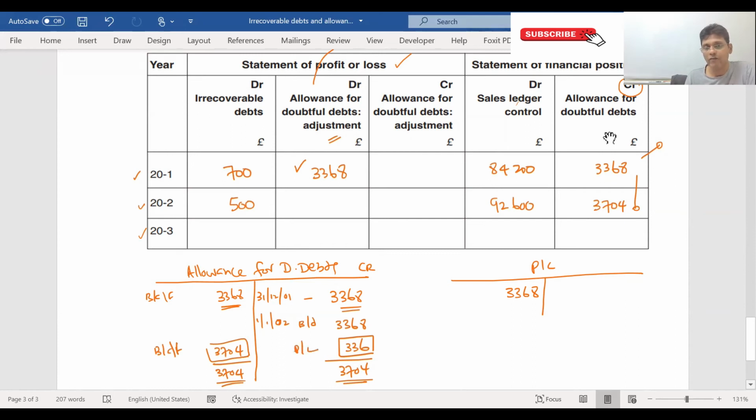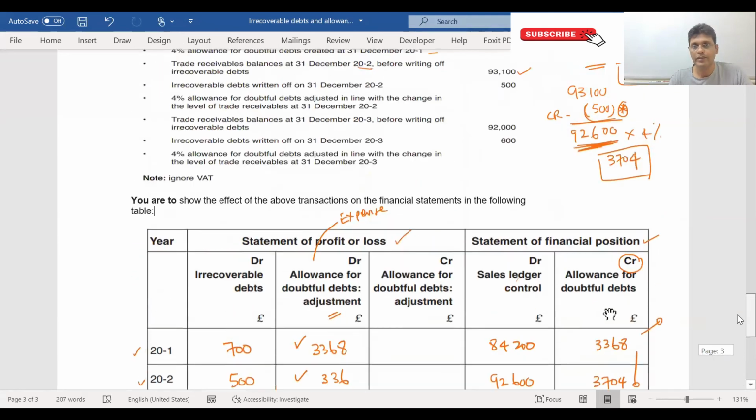Therefore the profit and loss account charge should be debit 336. So this was in 2001, this will be in 2002. So what is the additional adjustment to the profit and loss account? 336 to be debited to the profit and loss account. Okay, is that clear?